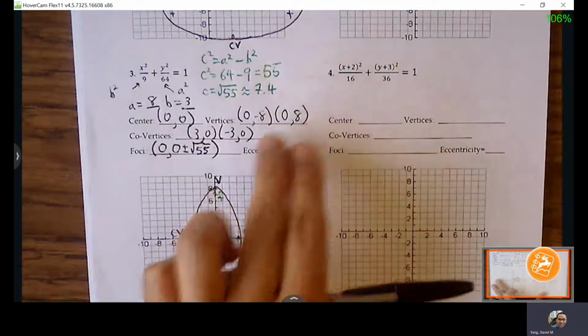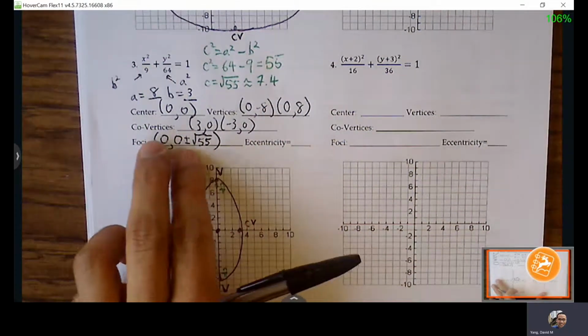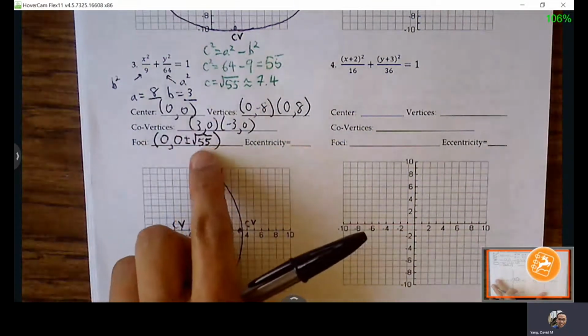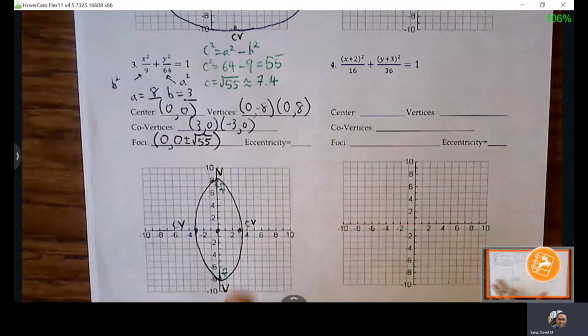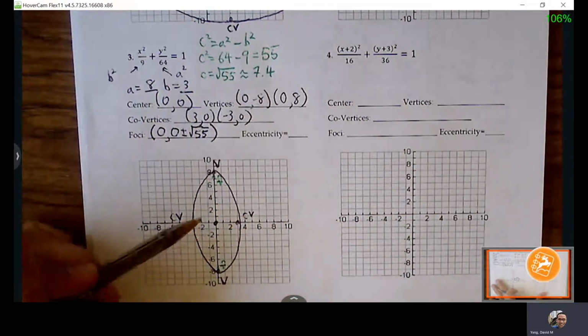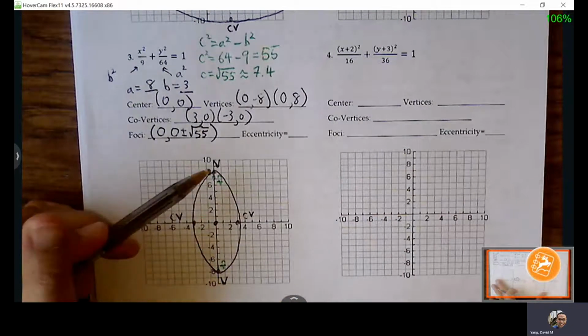So when you write your ordered pair, you're going to write your center, but then you're going to do plus or minus to the y value because you're moving that focus up and down, or you're moving the center up and down to reach the focus.